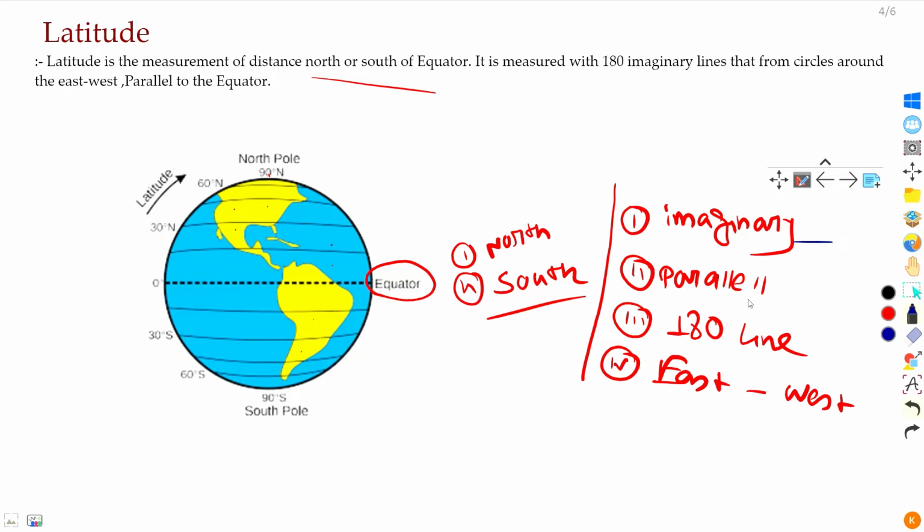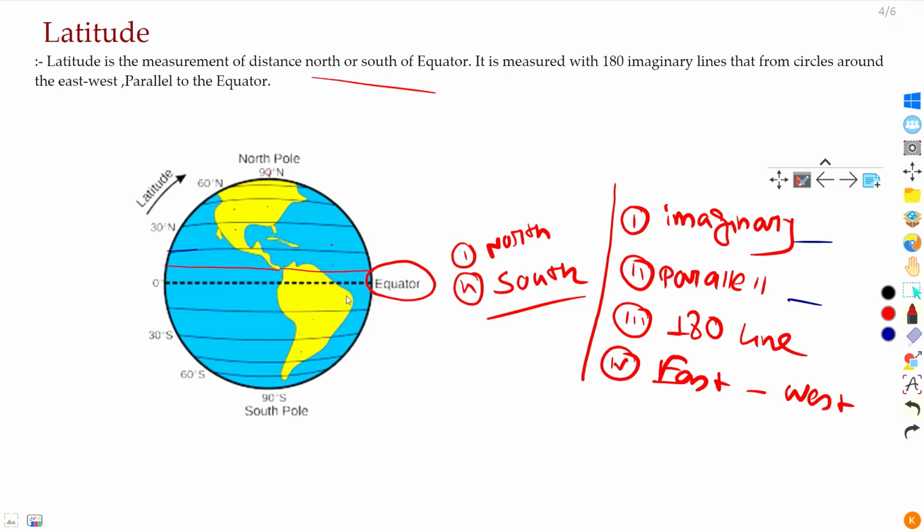Number two is parallel. Parallel means one latitude line never overlaps with another latitude line. Like this is a latitude line, right? And suppose there is also a latitude line which runs around the Earth's surface from east to west. These two latitudes never overlap with one another.